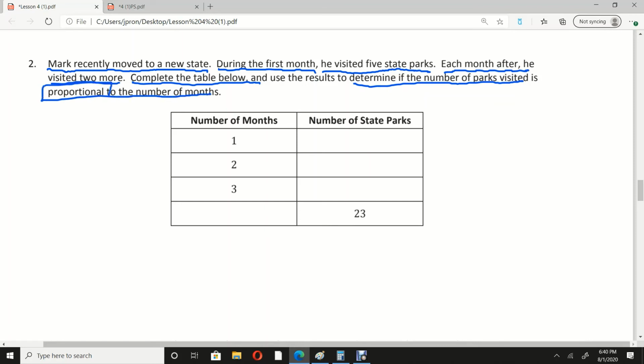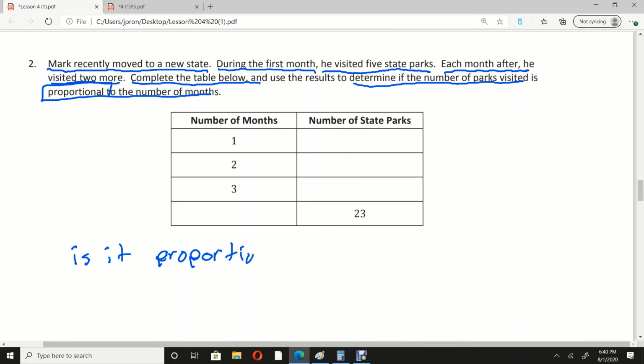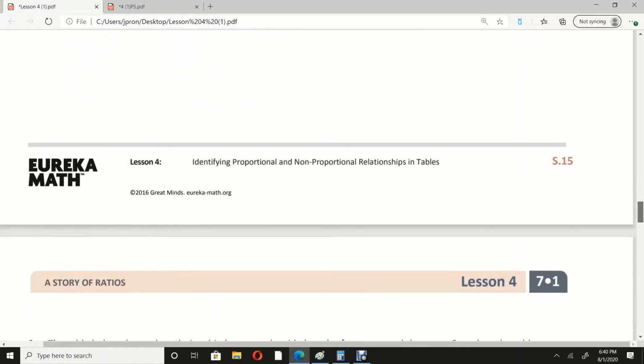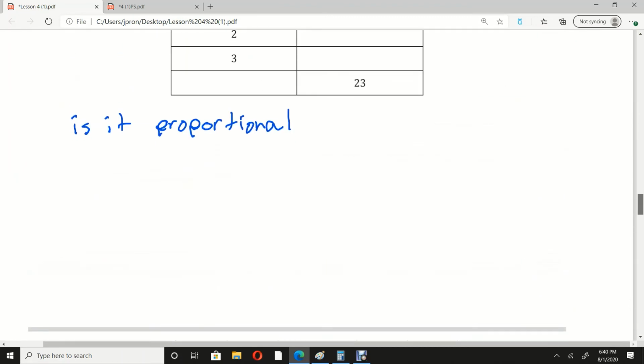So, is it proportional? Finish this chart. Great.